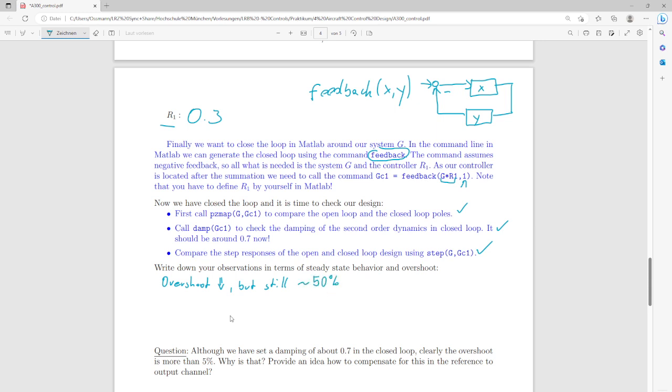And the steady state tracking, steady state error is not that good, right? So we are not happy with this one here. Okay, please for the exam write it down. Don't write smileys in the exam, but it should be clear.